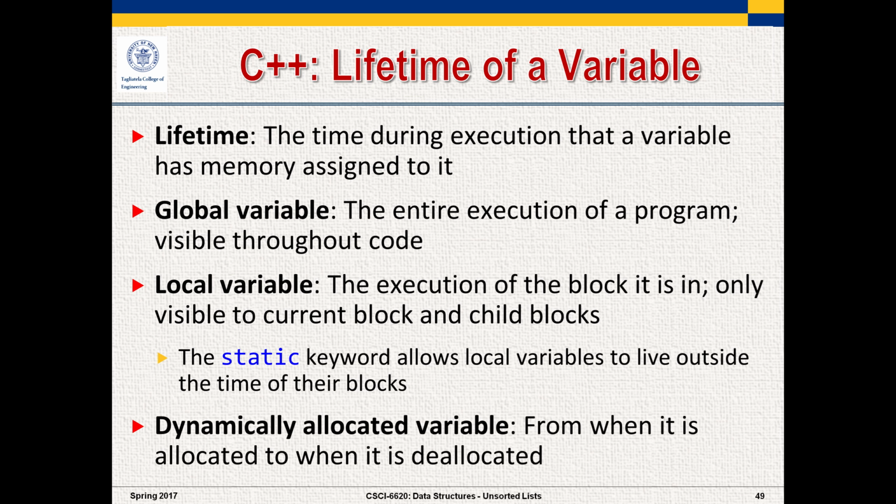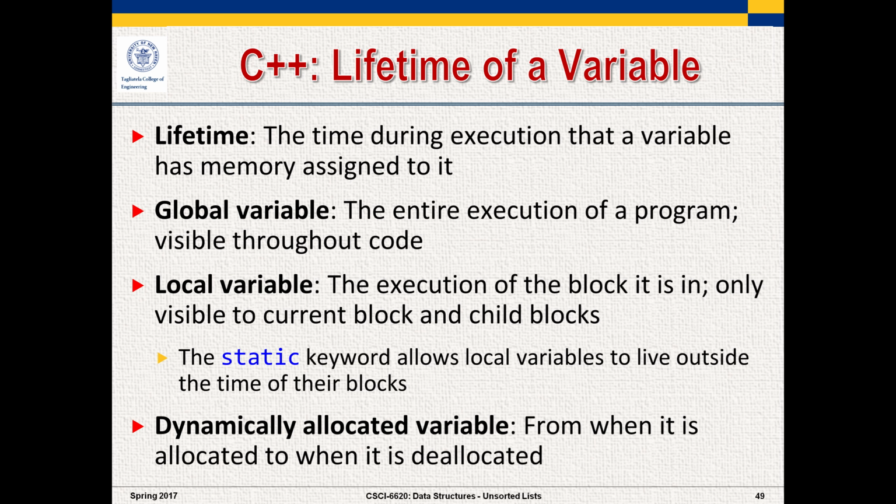A dynamically allocated variable is somewhat different. For example, if you enter a method and you have something defined as int foo, float money, bool is true, or an array of students 100, those things, when the block exited, when the function exited, would automatically be released.